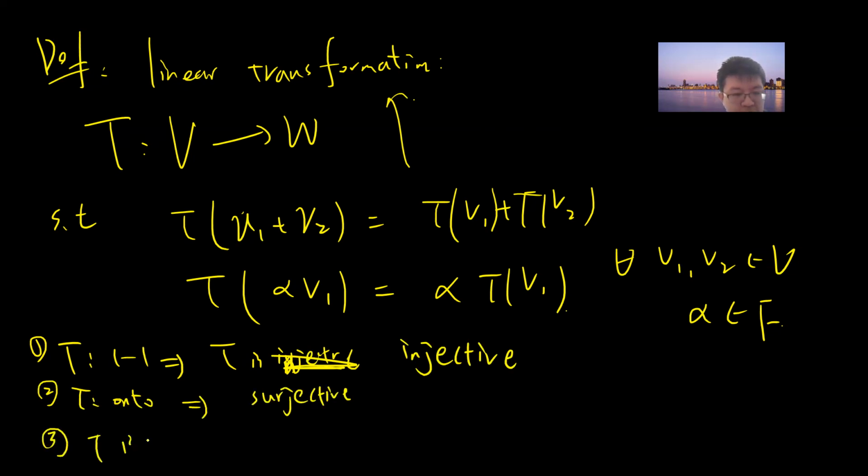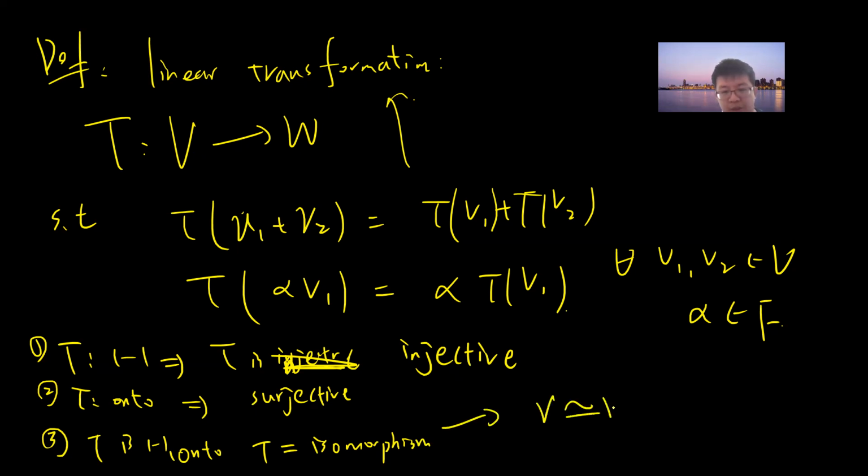If T is both one-to-one and onto, we say T is an isomorphism. If for two vector spaces V and W there is a T from V to W which is an isomorphism, then usually we write V as the same as W. It means that abstractly they are the same vector space.